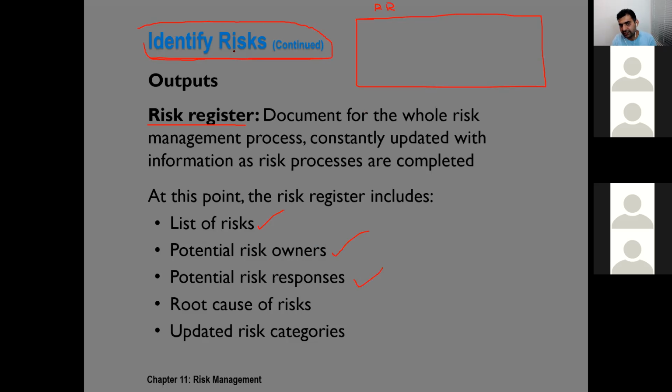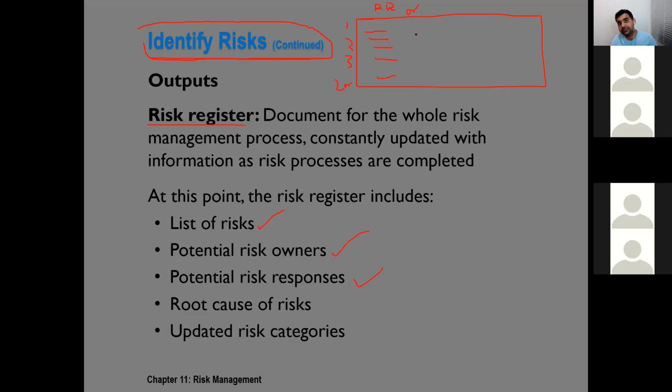During this process, initially we normally have a list of risks, 1, 2, 3, maybe up to 200 risks. The description of each risk, and then we may have the origin or the source of a risk, our major categories: scope, schedule, cost, or external, internal, commercial, technical, or unforeseeable.